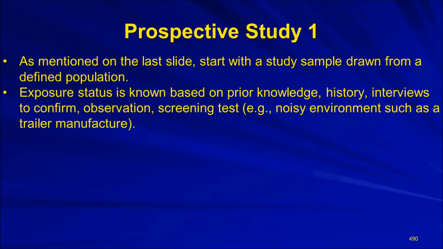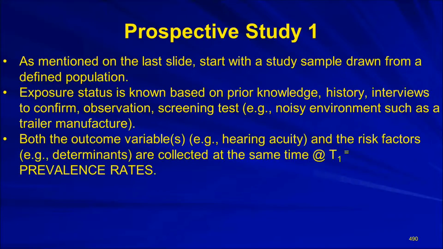And you might, for example, look at a noisy environment if we're checking hearing acuity and what was the difference in those people who were exposed to the noise and those people who were not exposed to the noise. Okay, next, both the outcome variable, hearing acuity, and the risk factors, determinants, are collected at the same time at T1, and that equals prevalence rates.